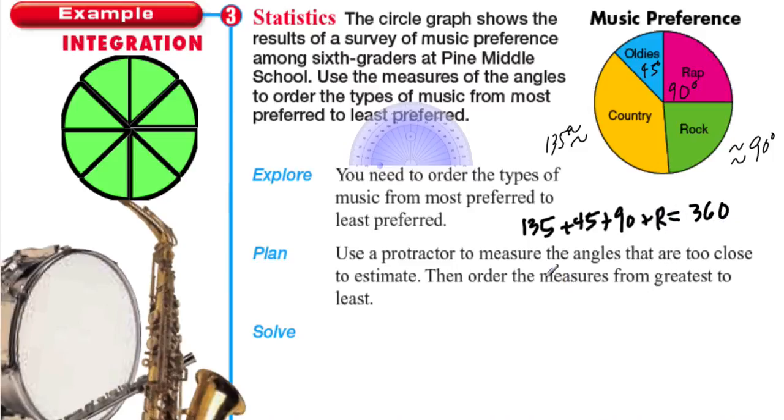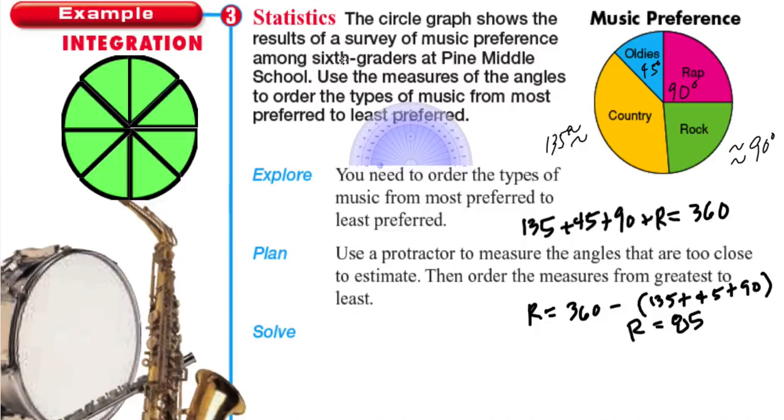To find out the measure of rock music preference, we simply do 360, and then we subtract the sum of 135 plus 45 plus 90 degrees. And you would end up with 85 degrees.